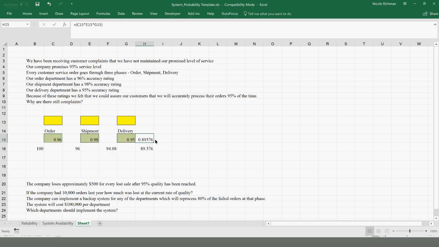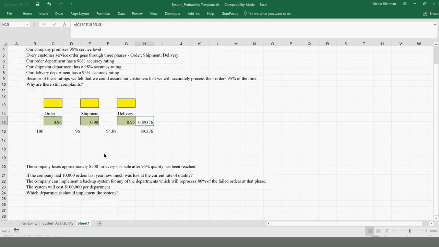So we aren't keeping our promise at a 95% service level. It's easy to assume that because our lowest level of quality is 95%, that we should be able to reach that. But as you can see, we lose some quality through each phase, which only allows us to make a promise of 89.4%.